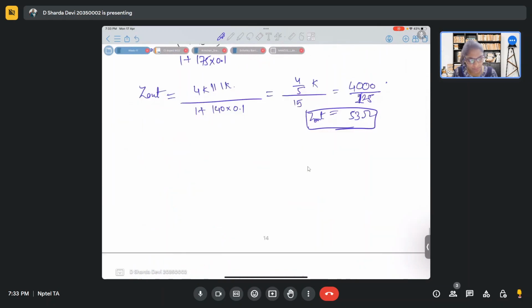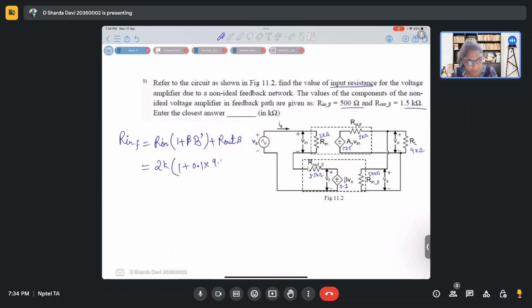9.35. 9.34 plus 1.5 here. How much is it?